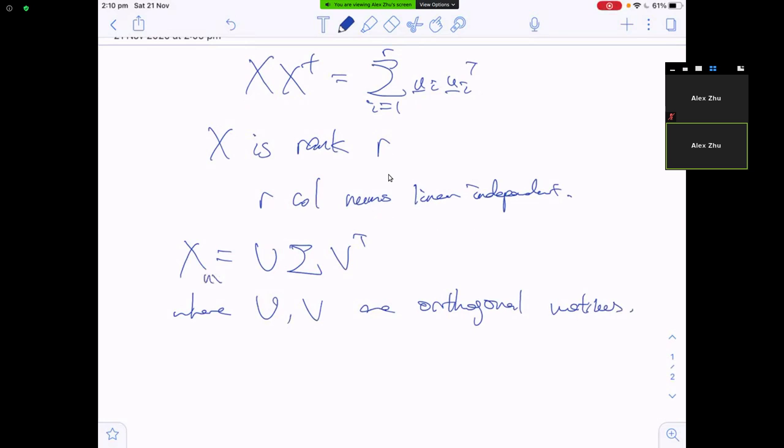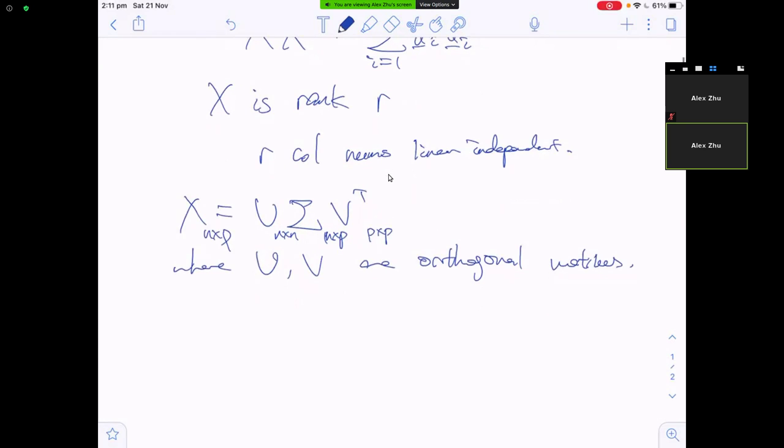Now if X is n by p, then U is n by n, sigma is n by p, and V is p by p. U and V have to be square matrices, because orthogonal matrices by definition must be square. If it's orthogonal, notice this property: U transpose U must be I_n, and V transpose V must be I_p.